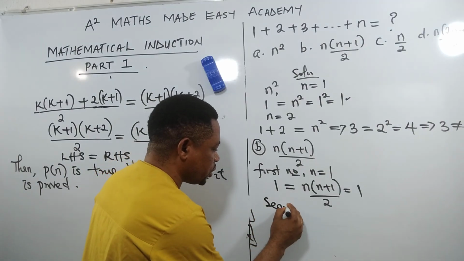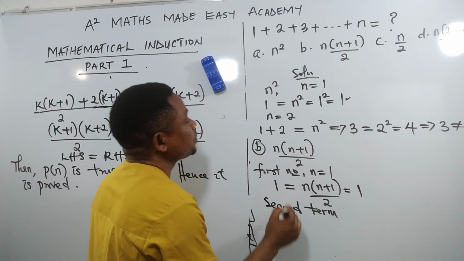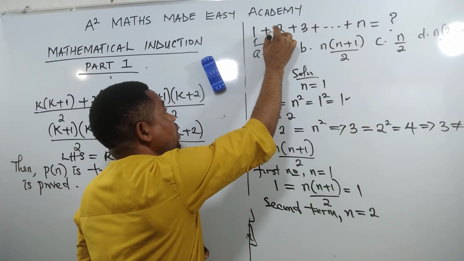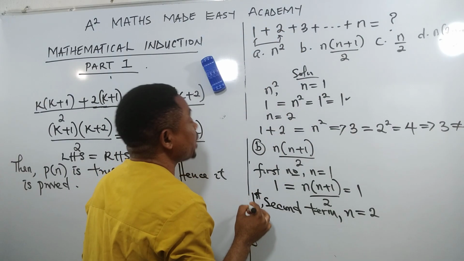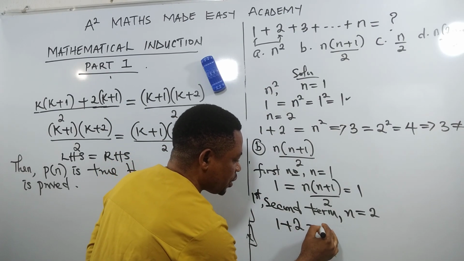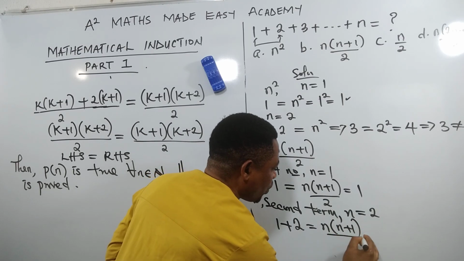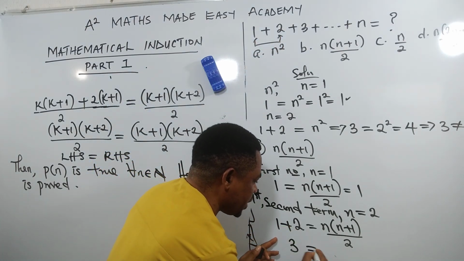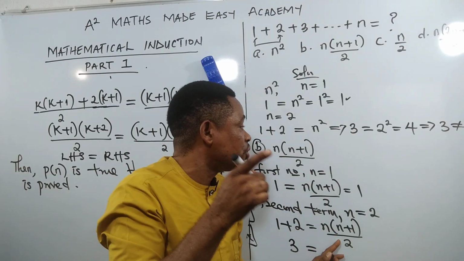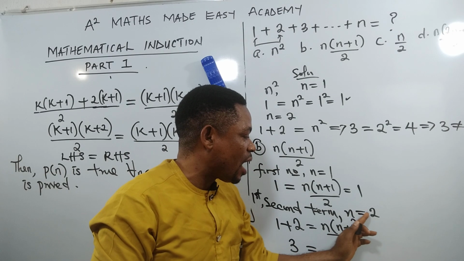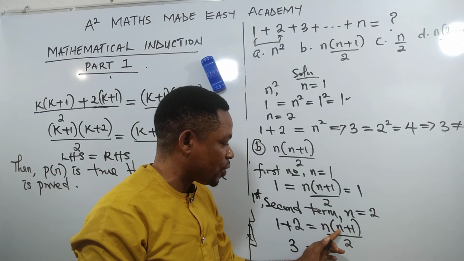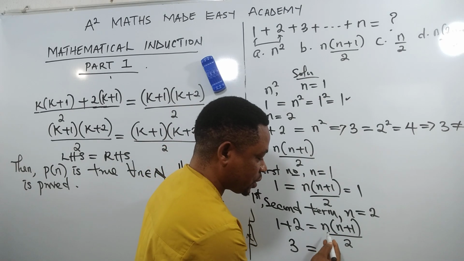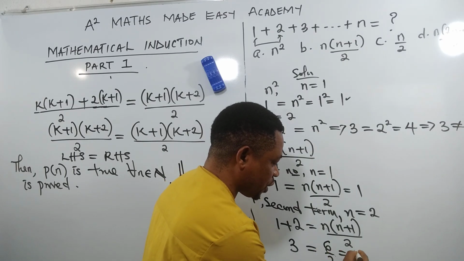We now move to the second term, considering n to be 2. The first and second terms give 1 plus 2, equal to n bracket n plus 1 all over 2. On the left, adding these two numbers gives 3. Still using option B, anywhere I come across n, I remove it and introduce 2. 2 plus 1 gives 3, then 3 times 2 gives 6, so it becomes 6 over 2, which is 3.